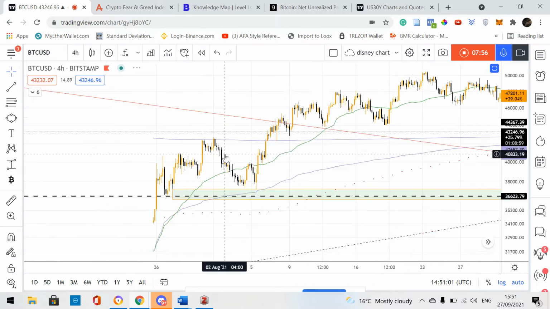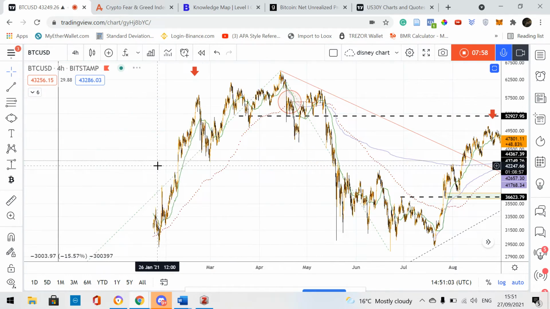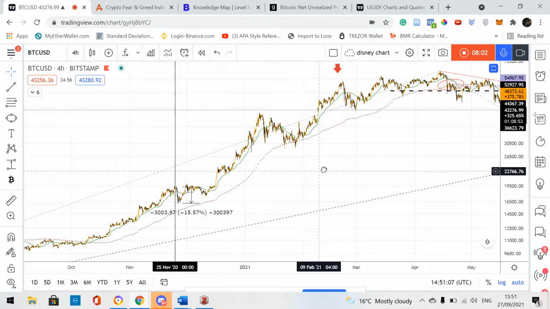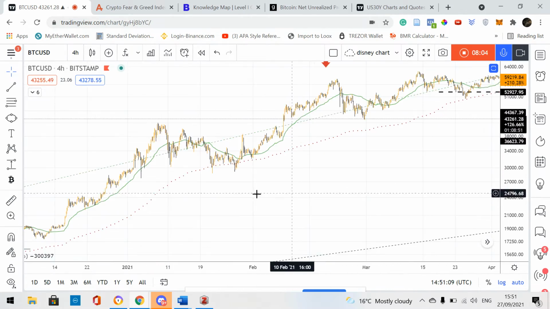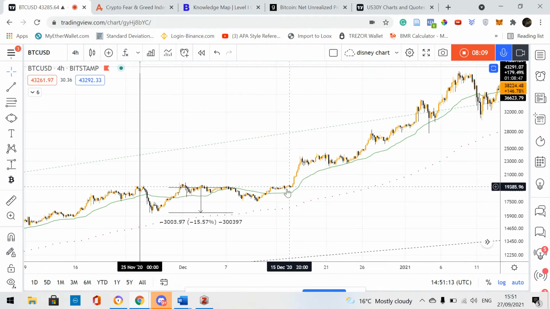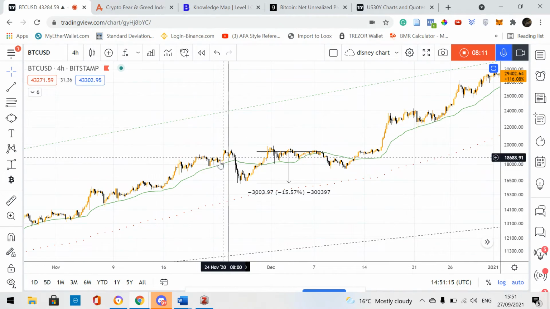Now, if we check even further in the 4-hour time frame, we have the 50 MA. You can still use the 50 MA in the short term if you really want. If the 50 MA is violated on the short term with a really high greed index, then you might want to sell.